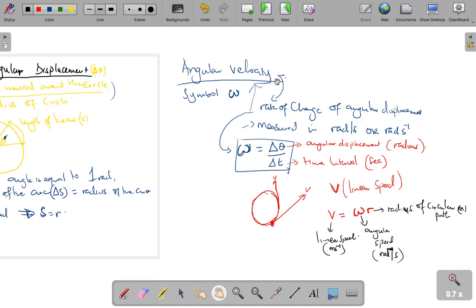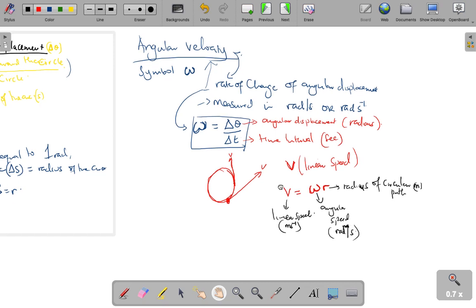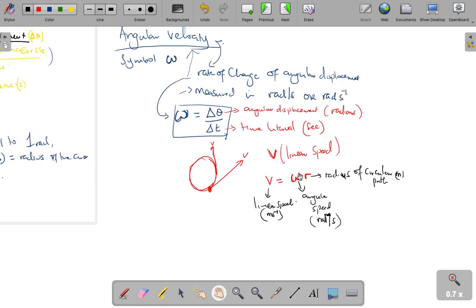And that brings us to angular velocity, which is represented by omega, and omega looks like a W. So omega is the rate of change of displacement. From the definition we get the formula, which is change in angular displacement divided by the time interval, or change in t. And we say there is also what we call linear speed, which is given by this formula here, omega r.